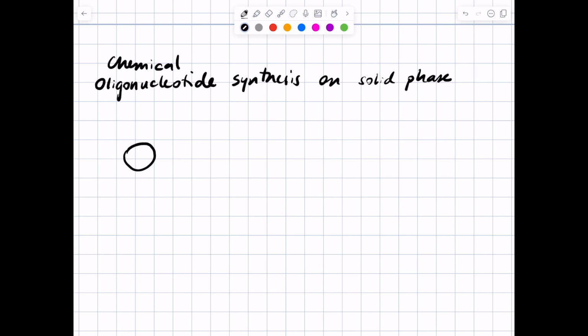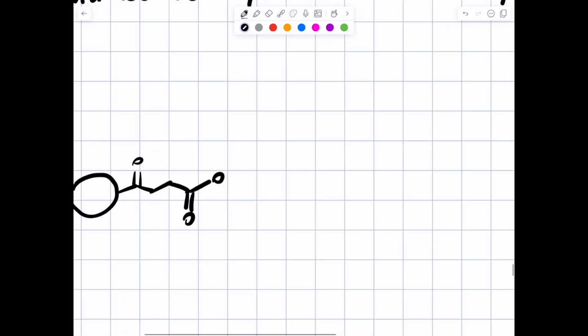This represents the solid phase or the solid support, and there is a linkage between the solid support and the oligonucleotide. We'll draw this with the 3' end of an oligonucleotide, and let's suppose it's DNA, now attached via this linker to the solid support.